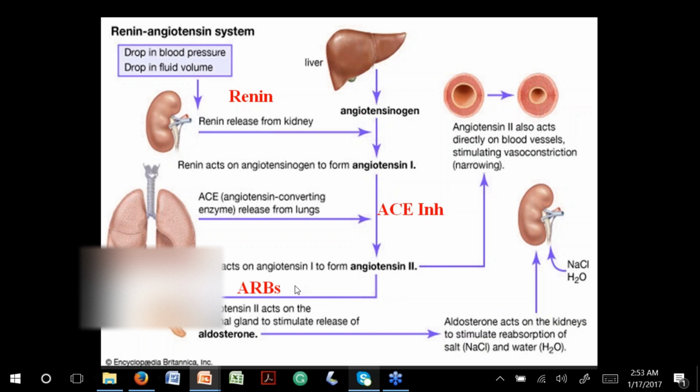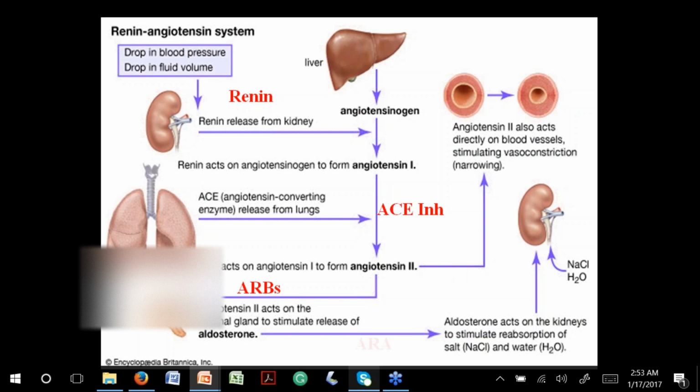The third medication is the ARBs, angiotensin receptor blockers. Angiotensin receptor blockers are going to block angiotensin 2 that goes to the adrenal gland, so it never reaches it because it's blocked. This step is going to block the aldosterone production, making the cardiac output go down.